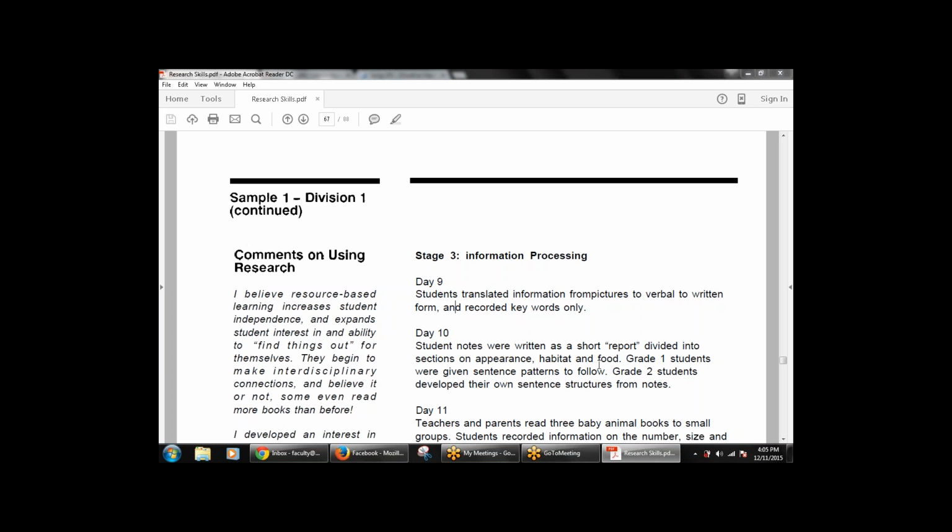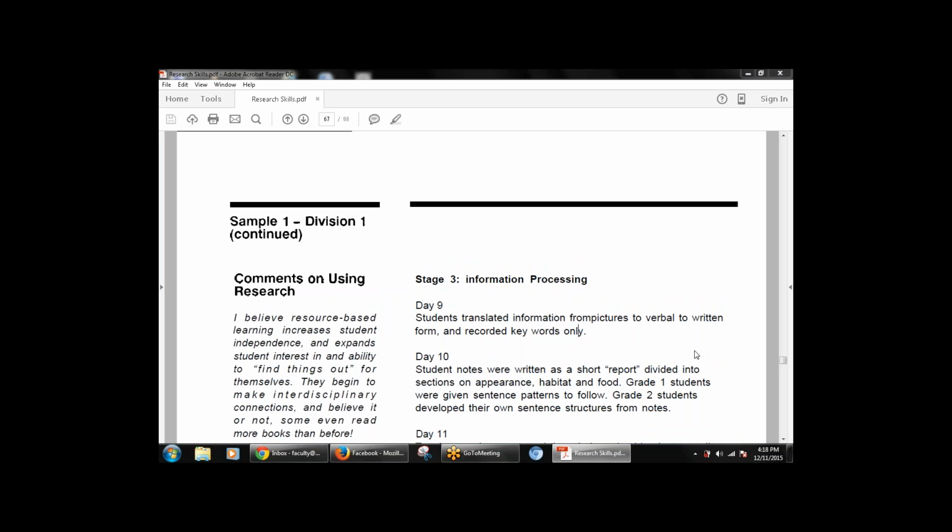This is sample number 1 that we have discussed, stage number 3, the information process.